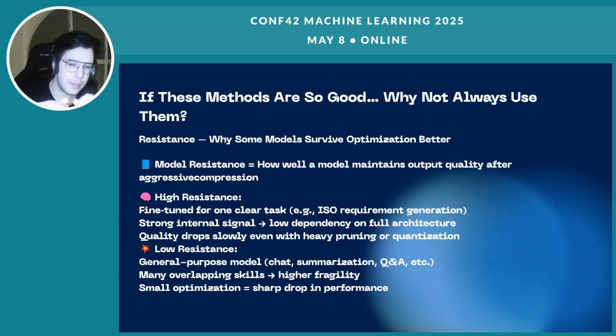By high resistance, we mean fine-tuned models for one clear task, which means a strong internal signal that translates into low dependency on the full architecture, where quality drops really slowly, even with heavy pruning and quantization. And for lower resistance, we define general-purpose models that have many overlapping skills, where even the smallest optimization will break the visual results and the performance metrics.